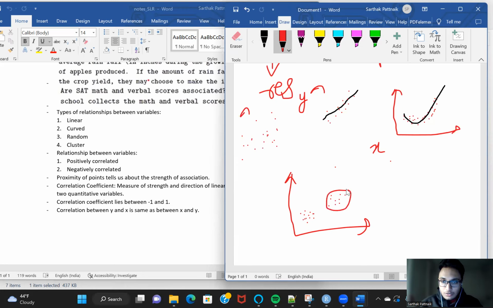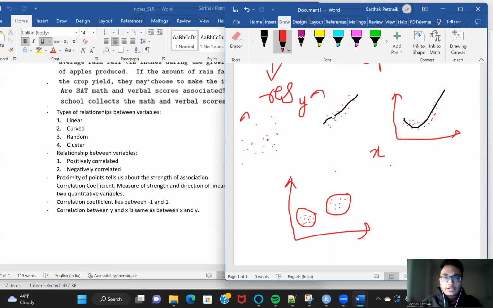So this is one cluster of points and this is the other cluster of points. We will have a proper discussion on clustering and finding clusters in a later module. But for this module, we will go deep into linear relationships.